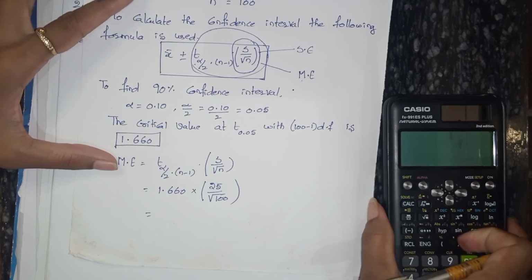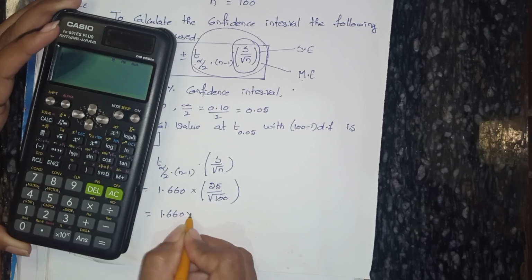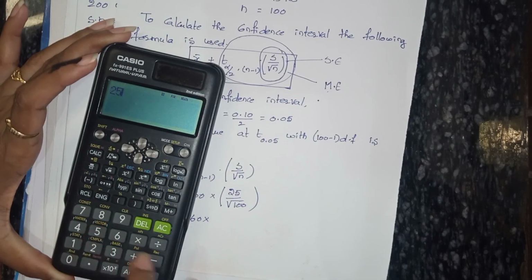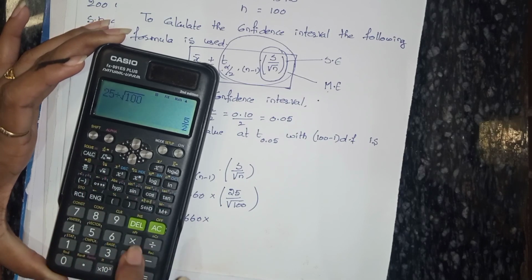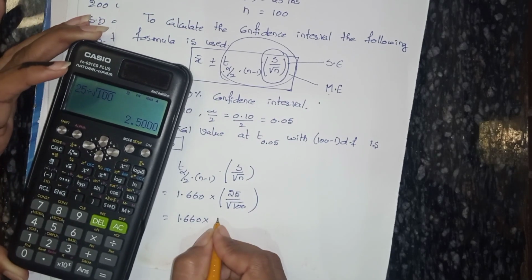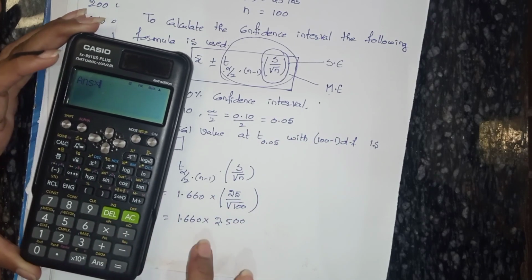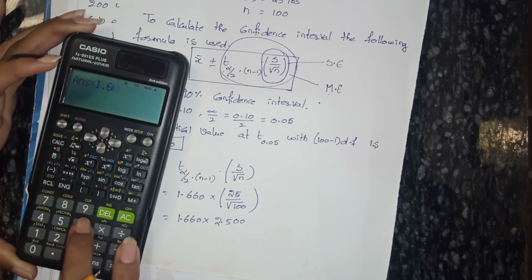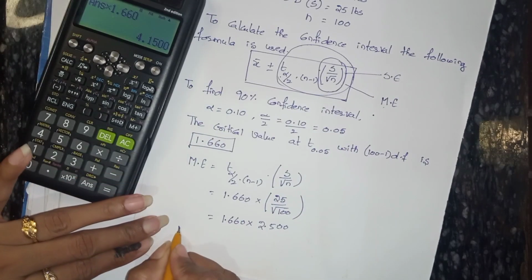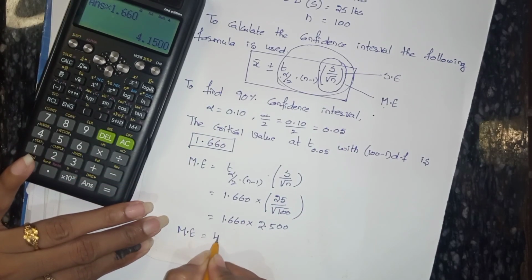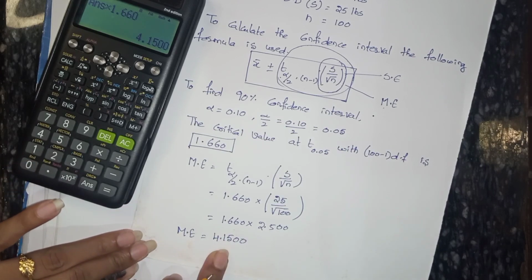Now we'll calculate this: 1.660 into 25 divided by root 100, that equals 2.500 into 1.660, which equals 4.15. So ME equals 4.15.